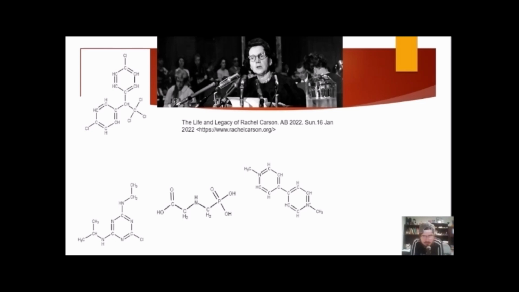So we try to look at more natural, a little bit less toxic ones like nicotine from tobacco and pyrethrins, things from chrysanthemums. We got things like DDT in the upper corner. DDT was discovered in like 1874 in Germany. It wasn't used as an insecticide until 1939 by Paul Mueller in Switzerland. He would go on to win the 1948 Nobel Prize for that.